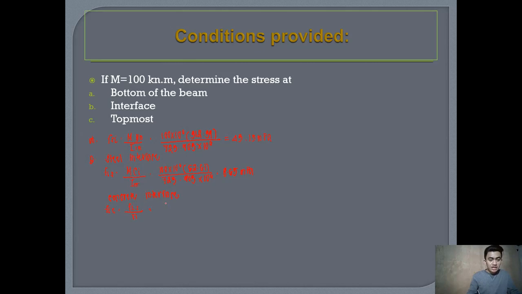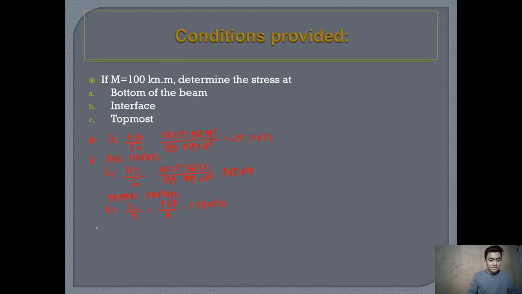So that is 8.65 divided by 8, which will give me 1.08 megapascal for the concrete interface.